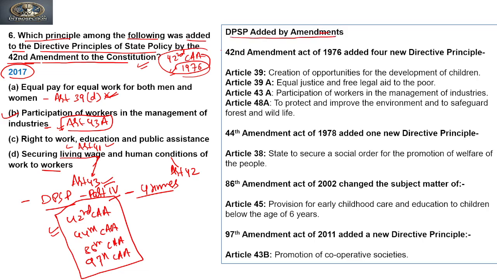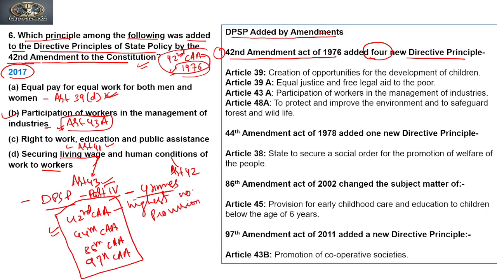So first was amended through the 42nd Amendment Act of 1976, which added 4 new directive principles. Through this 42nd, the highest number of provisions were added.